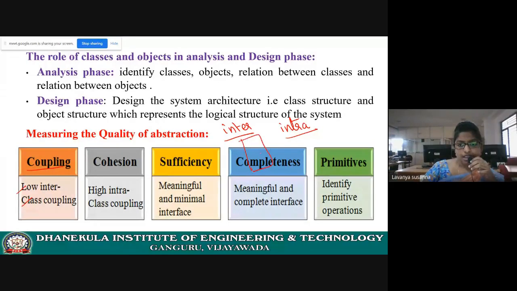Intercommunication means communication across the components, component 1, component 2. There will be many components. Inter means communication between the components.